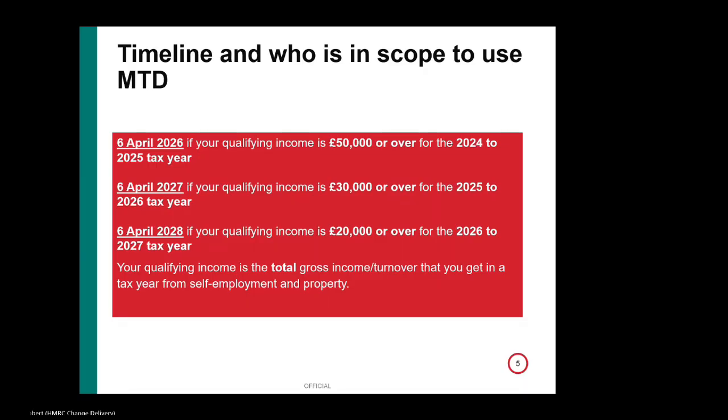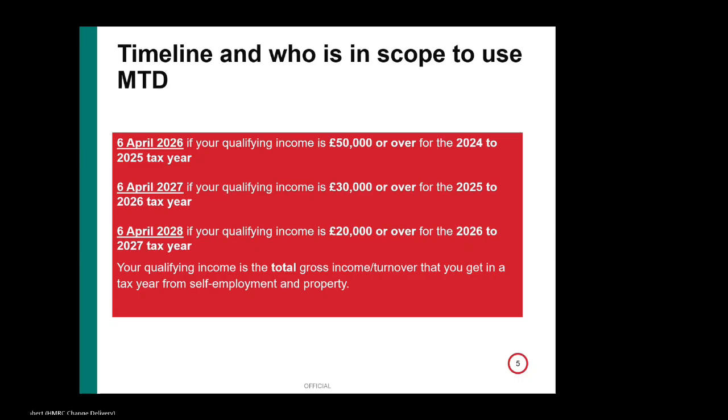From the 6th of April 2027, self-employed individuals and landlords with income from self-employment and property that totals over £30,000 for the 2025 to 2026 tax year will have to keep digital records, send quarterly updates, and complete and submit the end of year return to HMRC using compatible software for the 2027 to 2028 tax return onwards.